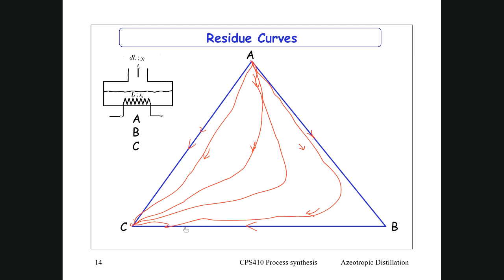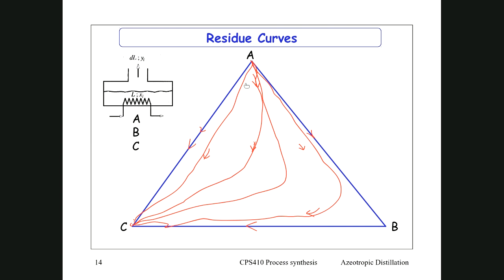And of course, the axis is a residue curve, and that's also a residue curve, and residue curves will never cross each other. So that was just a mistake that I made. If you have a look at this diagram as a whole, it's possible to cover the entire triangle with a series of lines that never cross each other.